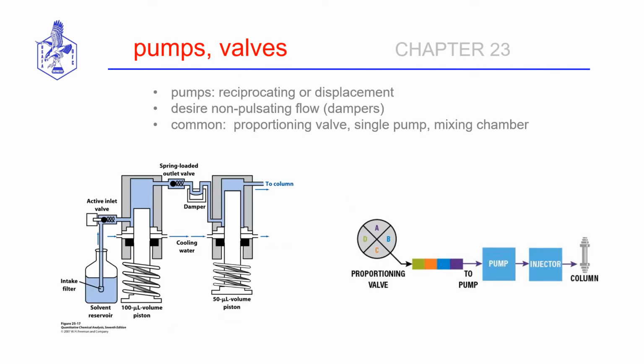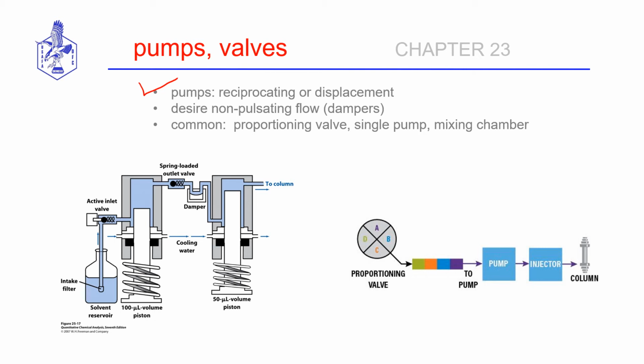This slide is an illustration of the pumps and valves typically found in an HPLC instrument. When it comes to our pumps, okay, remember we must have an appropriate pressure to get flow over our packed bed of stationary phase particles.